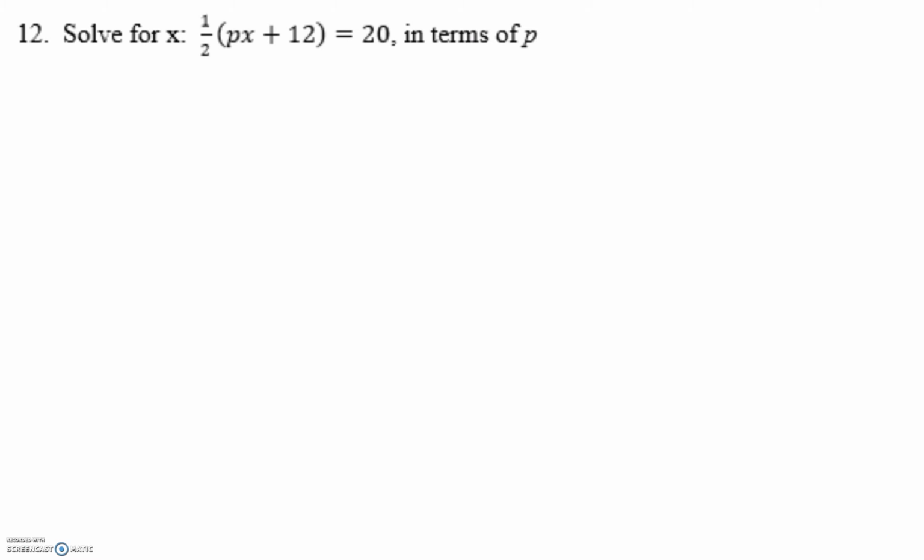For number 12, we have solve for x in terms of p. So that means we're trying to get x by itself, and we need a p in our answer. So the first thing that I'm going to do is just distribute out the 1/2. 1/2 px plus 1/2 times 12 is 6 equals 20.